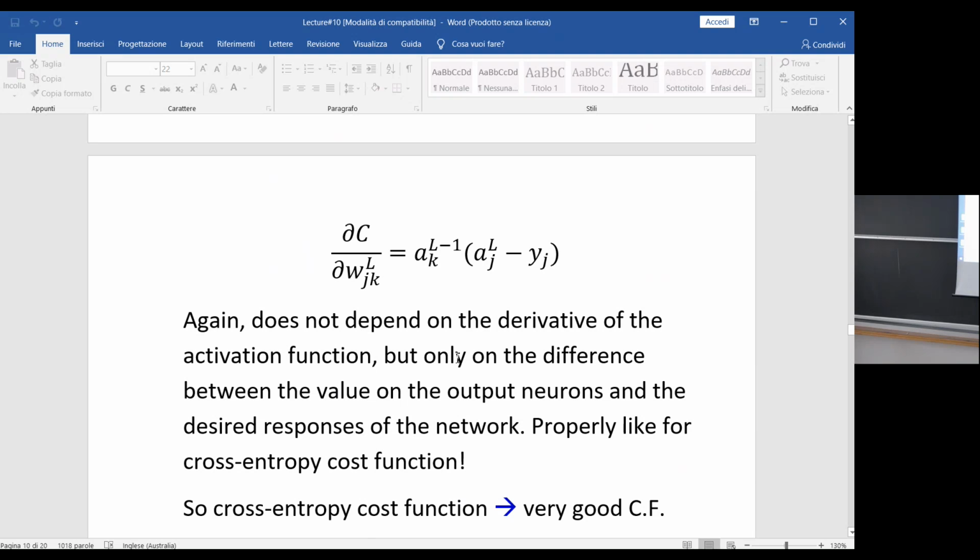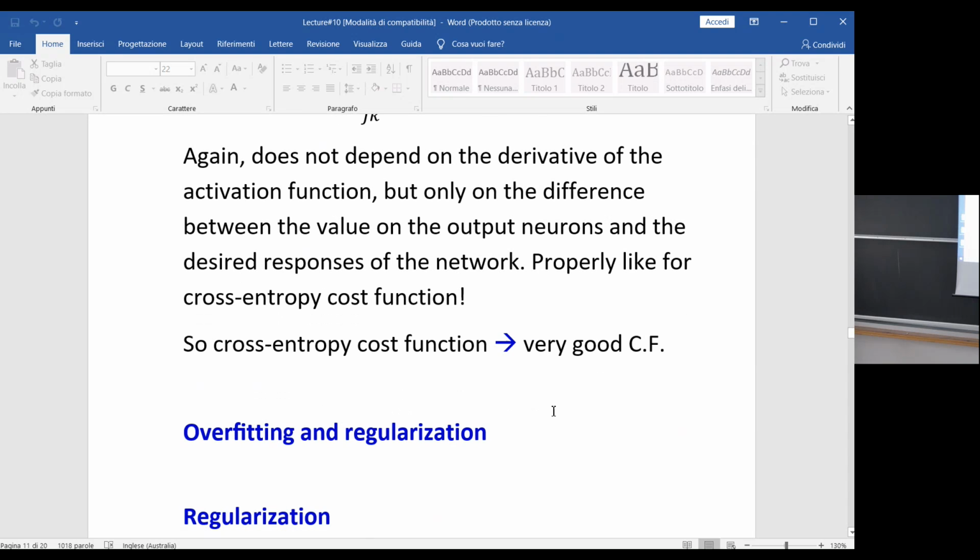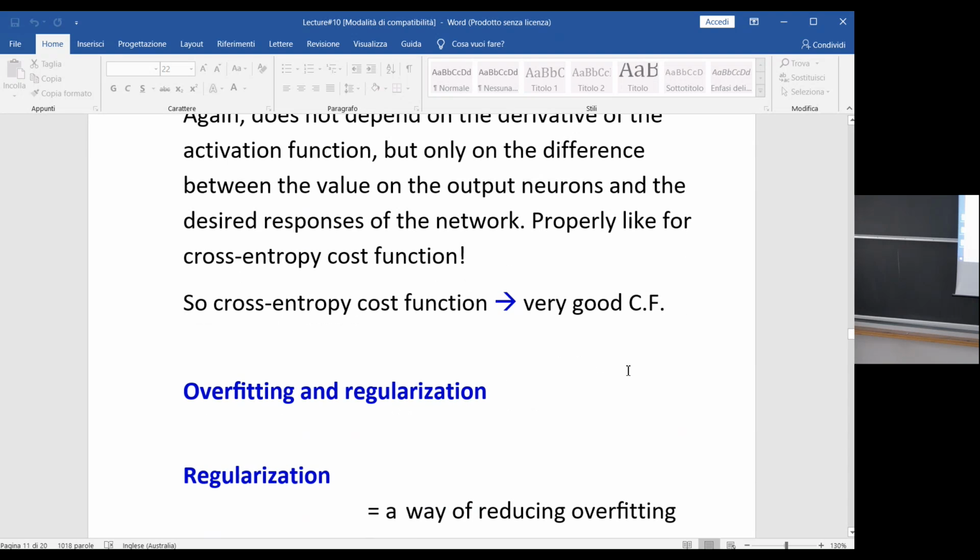It also does not depend on the derivative of the sigmoidal activation function, but only on the difference between the value of the output neurons and the desired value of our training set. So it is a very good cost function.